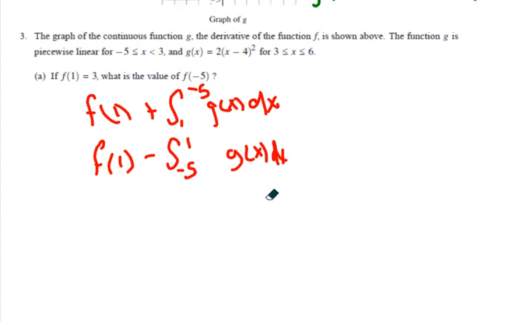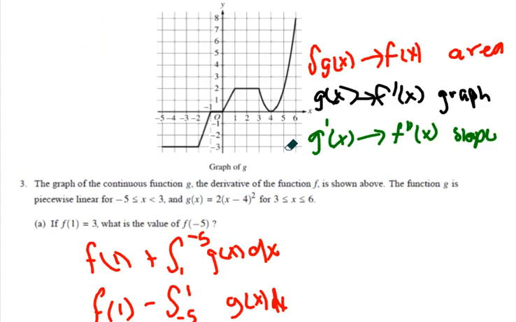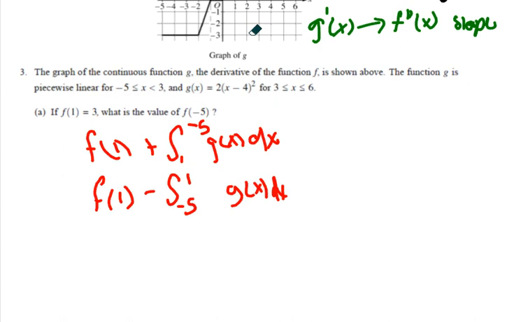Now, this integral from 1 to -5 is a piecewise function. So what we actually need to do is find the area underneath the curve at all of those spaces. So we know that f of 1 is 3 minus, I'm going to put this in brackets.